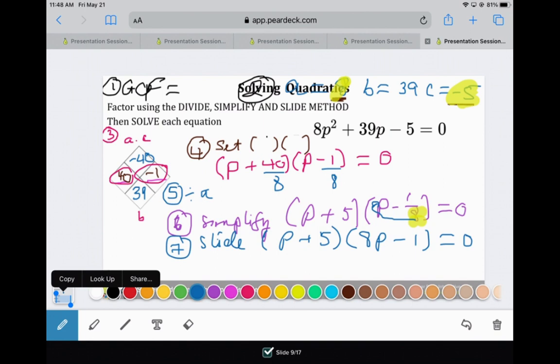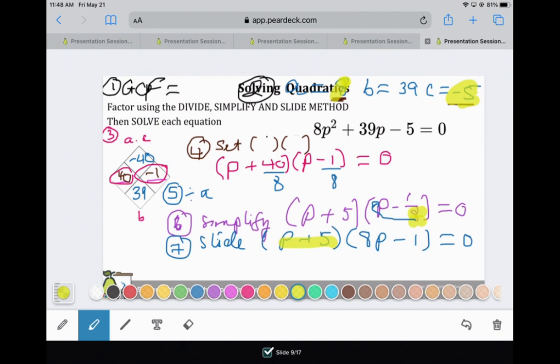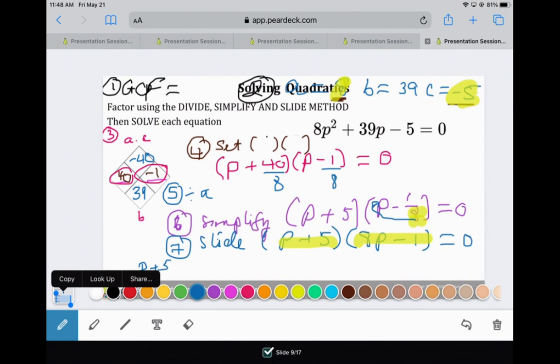So let's finish this problem. Now I have these two expressions, P plus 5 and 8P minus 1. I will set each of those equal to 0. So P plus 5 equals 0, and 8P minus 1 equals 0. If you solve the first one, it is going to be -5.